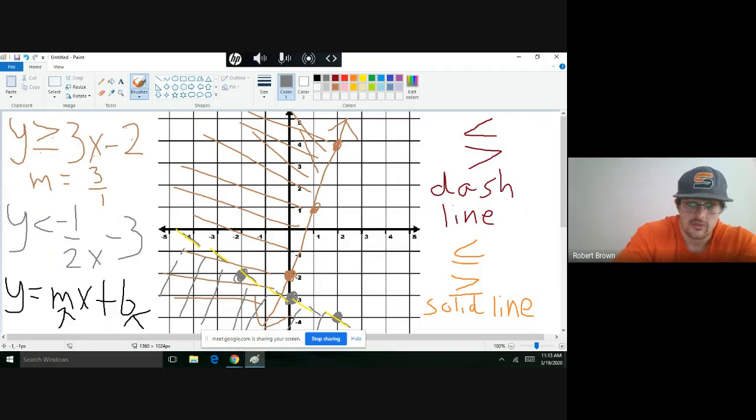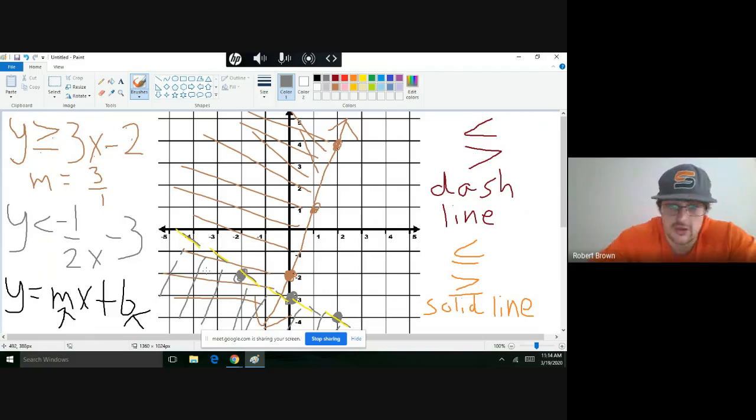Now, there's a specific region that you're looking for. What they'll say is find us the inequality that satisfies both equations. And where that is, it's going to be where they're both shaded in. Remember, the yellow was that gray line, the second one, so this one's shaded below down here. And then the brown was shaded above.